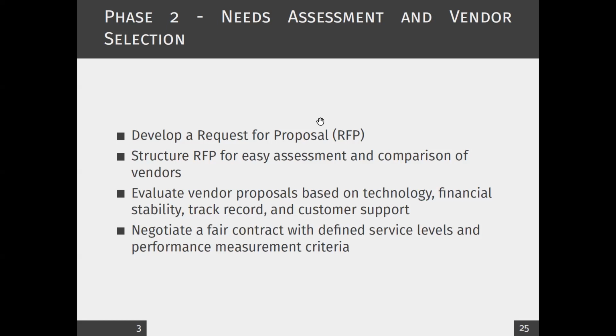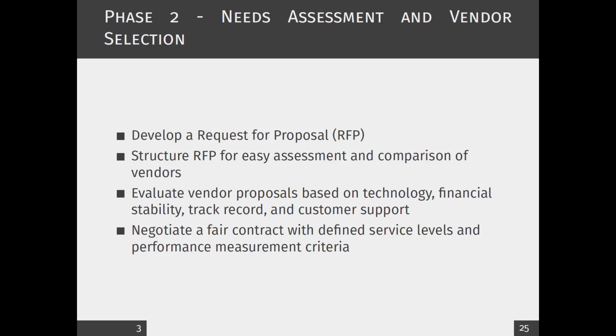Not only that, we have to look at their financial stability as well, because we have to make sure that, okay, they are available to support us for some time. Their track record, which means whether they have provided similar service to others and what their perspectives are. For example, we have to look at after sales service, right?